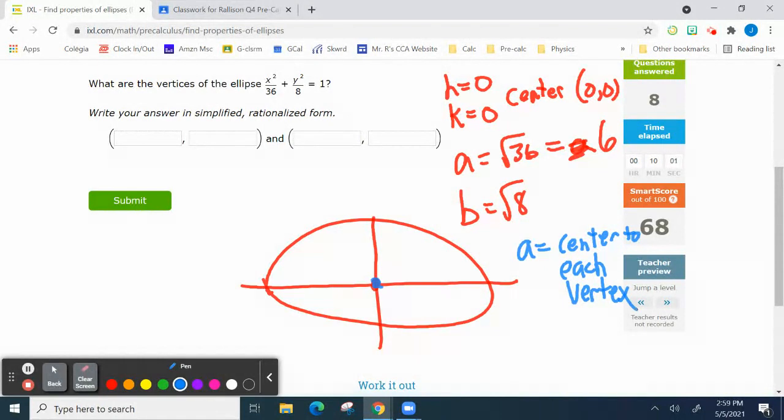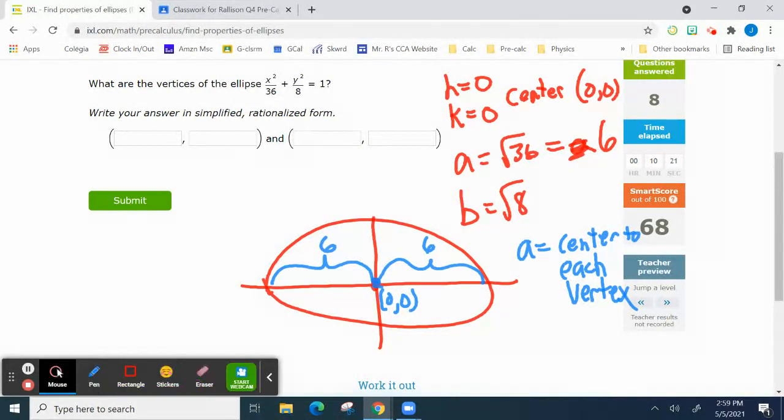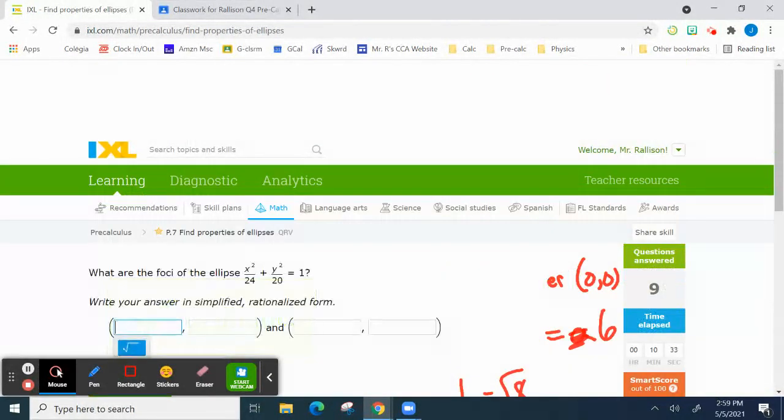So if a is 6, then it's going to be 6 in this direction and 6 in this direction, from 0, 0. So that means it's going to be -6, 0, and 6, 0, unless I got it wrong. I didn't, so that makes me happy.